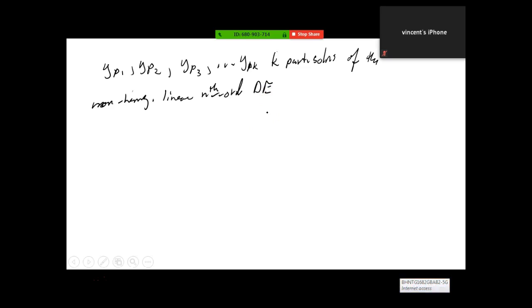and it's non-homogeneous, so there's something on the right hand side, maybe a whole bunch of somethings, to have that many particular solutions, on some interval I, corresponding in turn to K distinct functions.